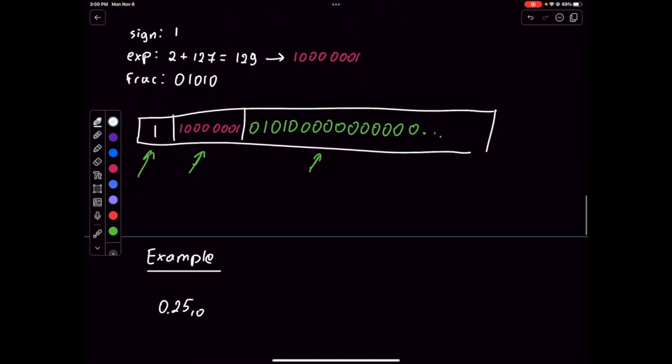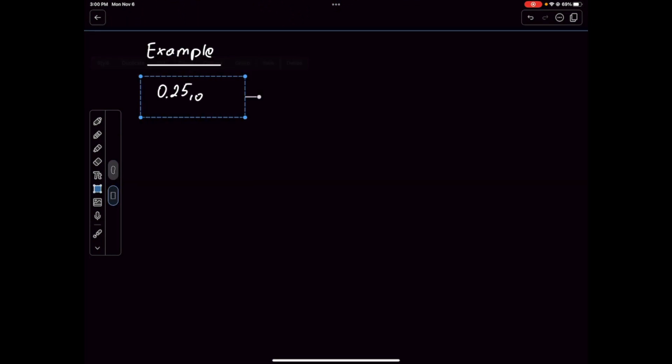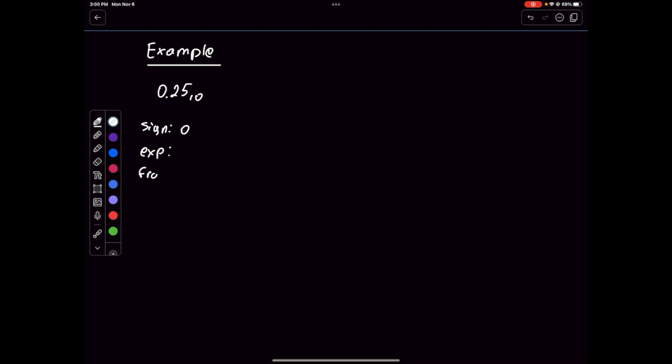All right, now let's do another example. So let's write these down. Sign, the sign is 0 because it's positive. Exponent, fraction. Beautiful. Now, let's see that our number is 0.25. So we don't have digits to the left of the decimal point.